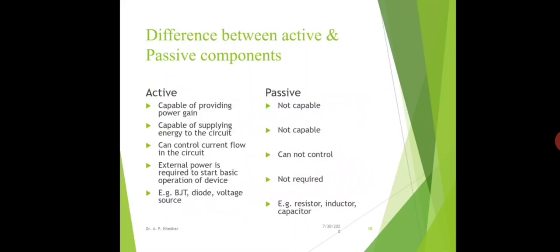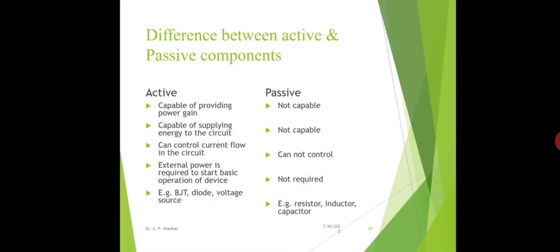Here is the difference between active and passive components. The first typical difference is active components are capable of providing power gain. This is not possible in case of passive components. Second difference is active components are capable of supplying energy to the circuit, whereas passive components are not capable of supplying energy.